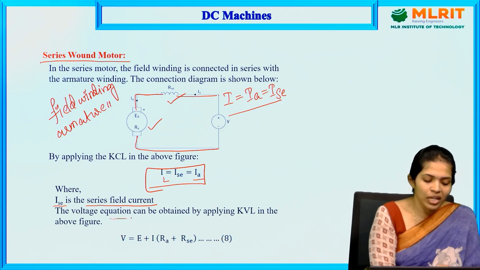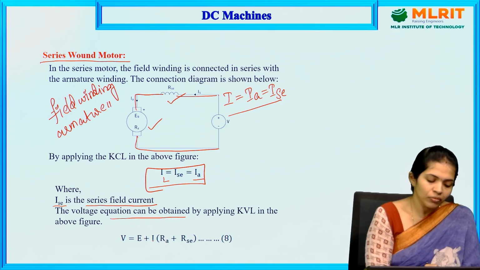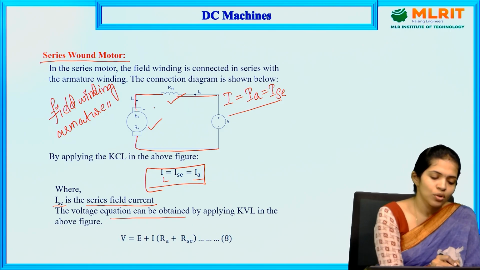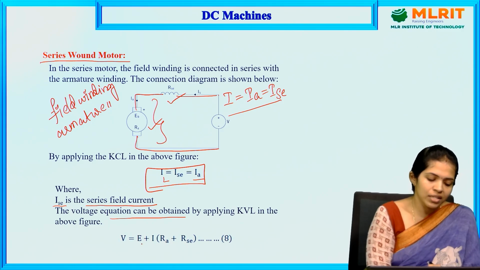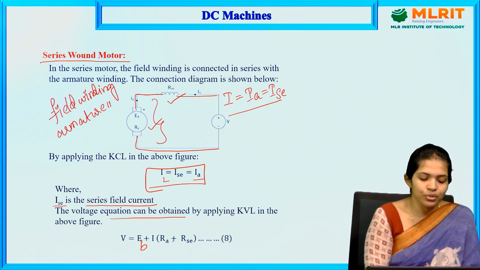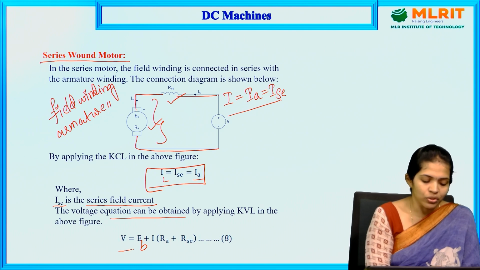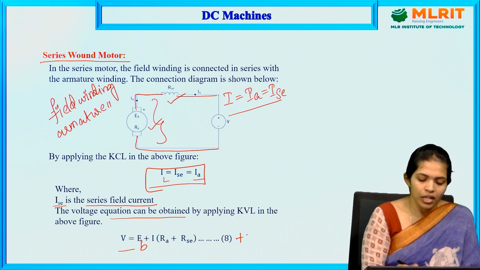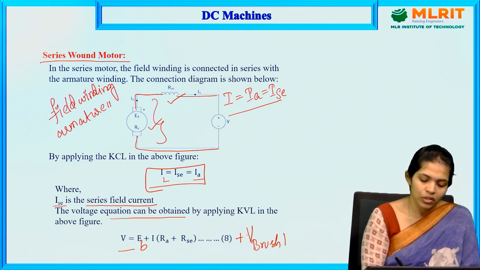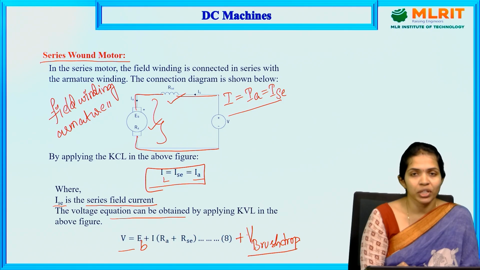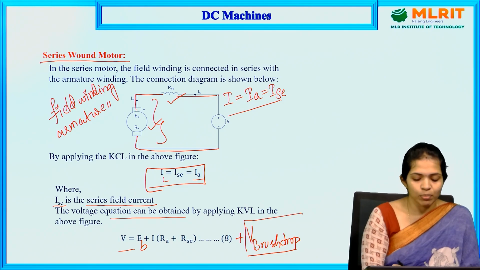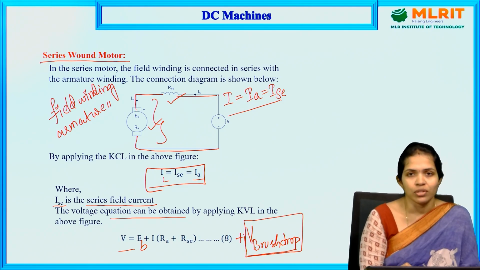From this we can write the voltage equation for the motor as V equals EB plus I into (RA plus RSE). Whenever we write the motor equation, we should also remember there will be a drop across the brushes. Though it is a very negligible quantity, we need to add the brush drop in the voltage equations.